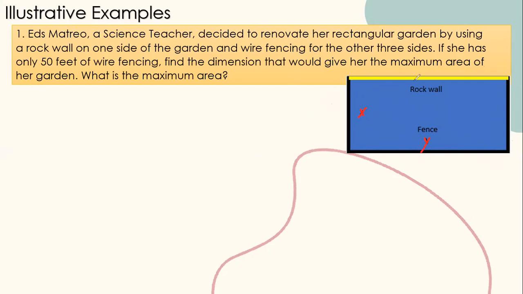Yung isang side daw, yung yellow na portion na to, so yung isang side na yan is rock wall. So hindi natin siya lalagyan ng fence. Ang lalagyan daw niya ng fence is itong part na to. Okay? And sabi, meron lang daw siyang 50 feet of wire fencing. So, yung 50 feet na yon, pagkakasyahin niya yon dito.